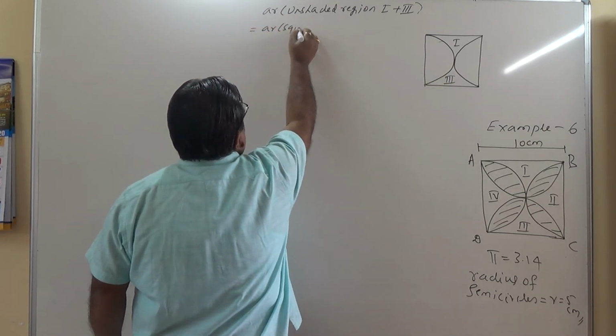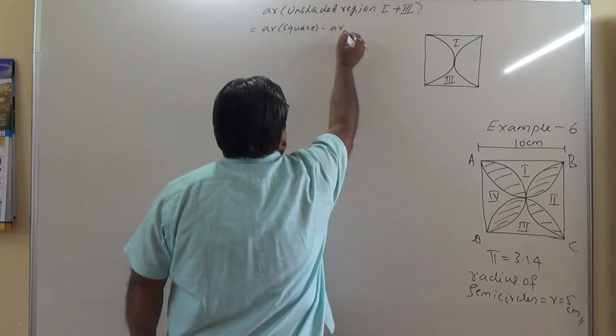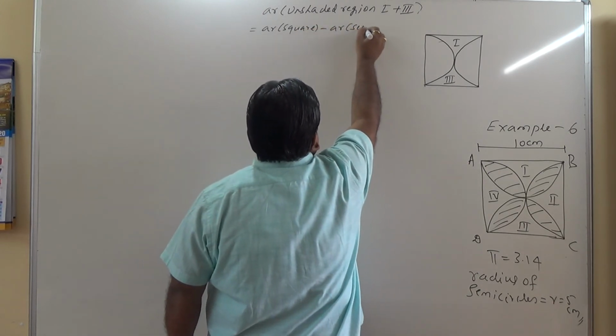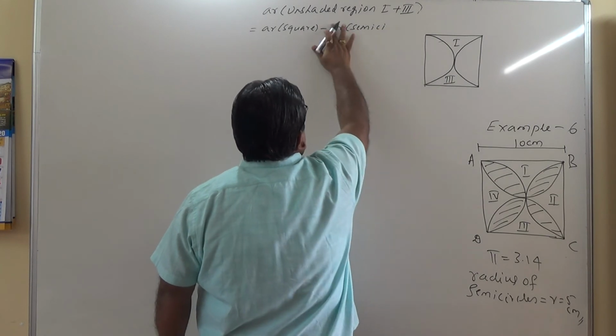area of square minus area of semicircles. How many semicircles? 2.